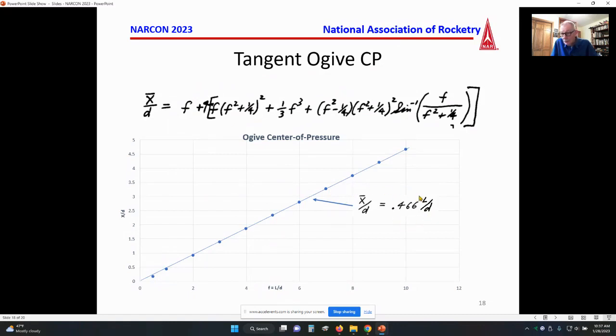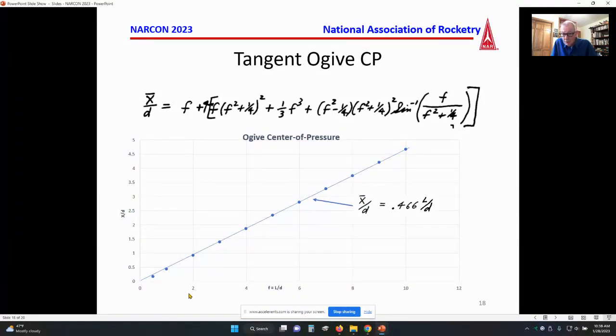You can use just a simple constant times the length divided by the diameter to get the center of pressure.